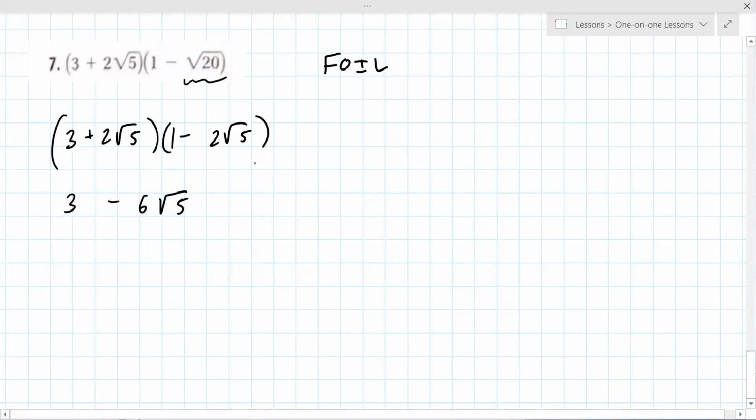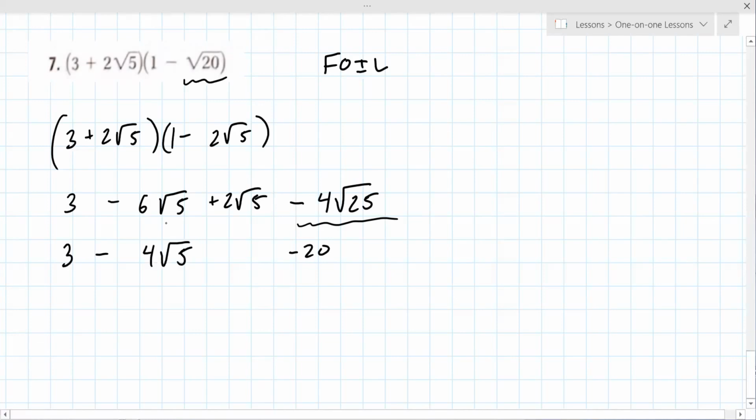We're just doing FOIL. The inner is 2 square root 5. And the last is minus 4 square root 25. This becomes a number without the square root. Square root of 25 is 5. 4 times 5 is 20. So this is minus 20. 3 minus 4 square root 5 when you combine these two. Minus 20, so that's minus 17 minus 4 square root of 5.